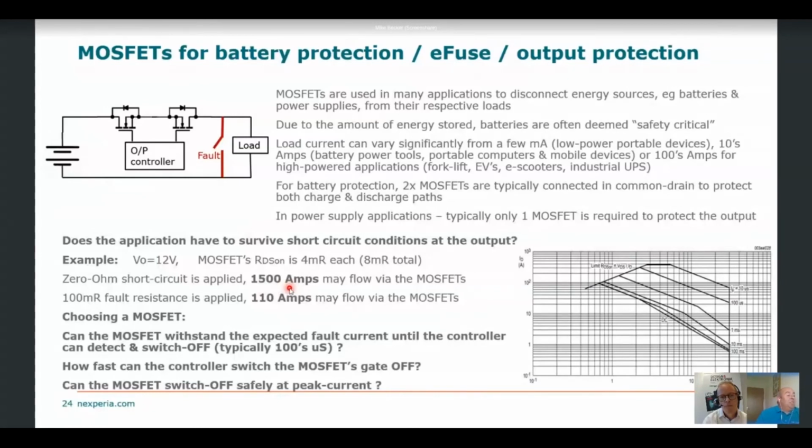The idea of these MOSFETs is to be able to switch off and protect the power supply or the battery. That means these MOSFETs have to switch off potentially when there are hundreds or thousands of amps flowing through them. And to do that, the SOA curve, of course, is very important.